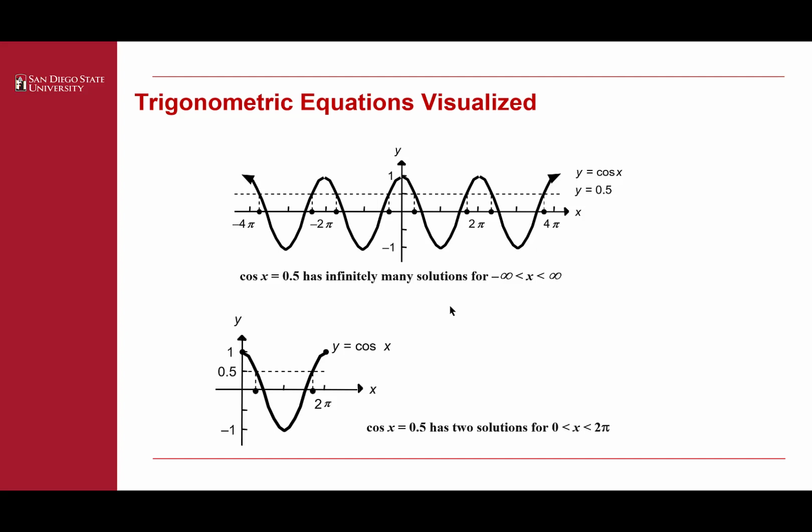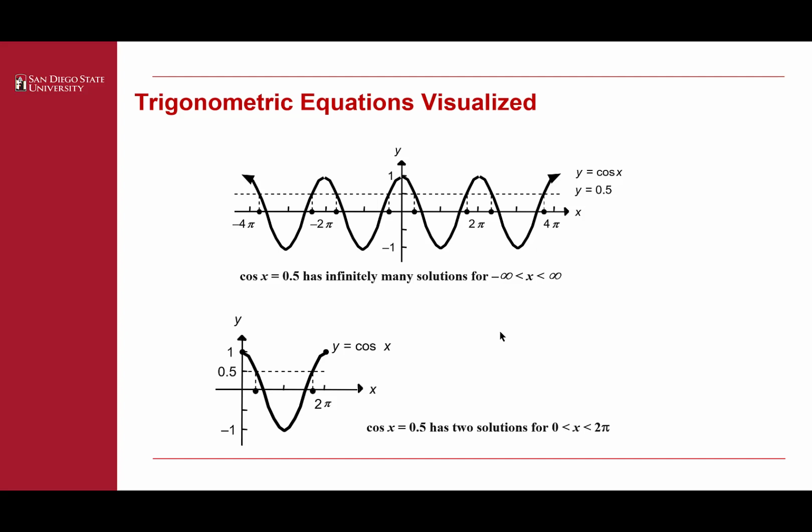Cosinus x equals 0.5, as you can see, has infinitely many solutions for x between negative infinity and positive infinity. So if the question limits the range of x, then we will have a finite number of solutions for cosinus x equals 0.5.